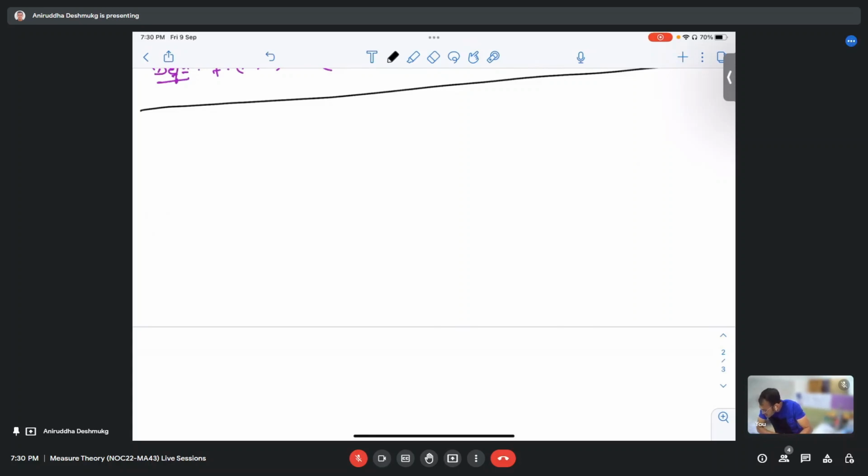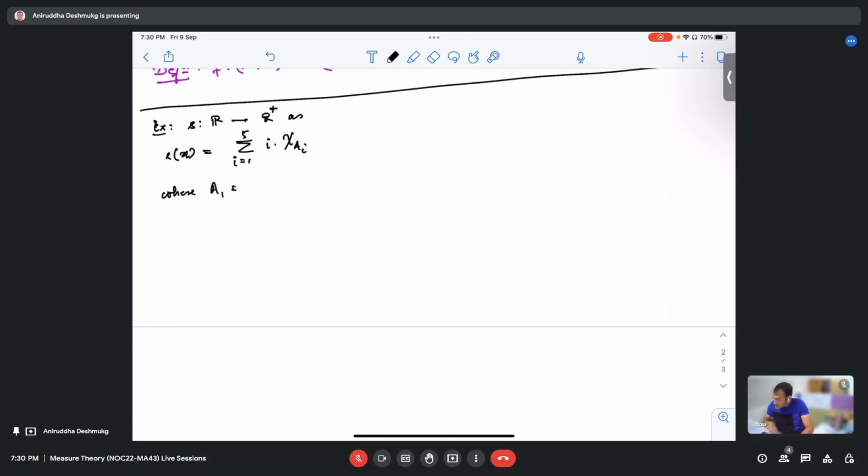Or perhaps let us not call it a simple function. I'm going to give you a function. We'll see whether it is a simple function or not. Let us define S from R to R, or R to R star, doesn't matter. S of x is equal to the sum from i equals 1 to 5 of i times chi of A_i, where the A_i's are as follows.